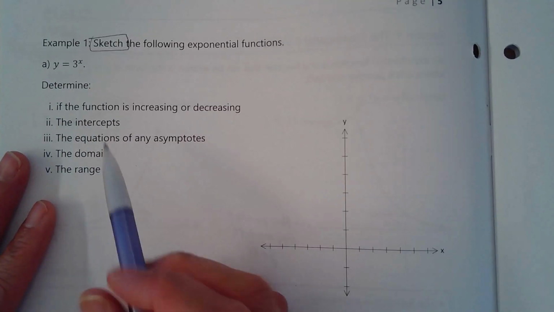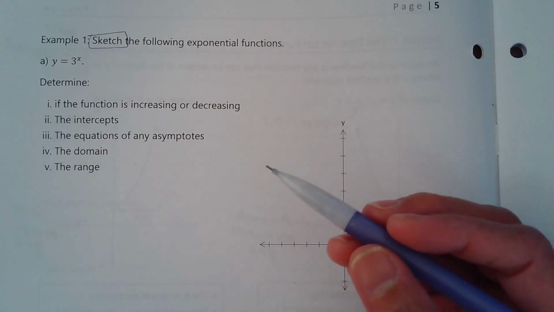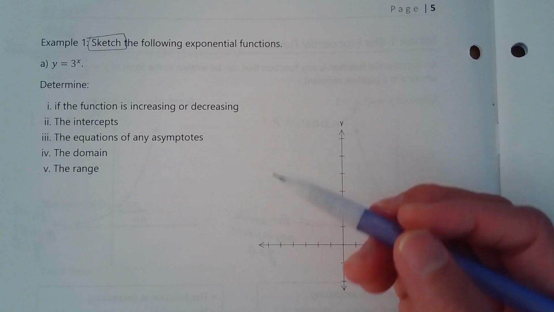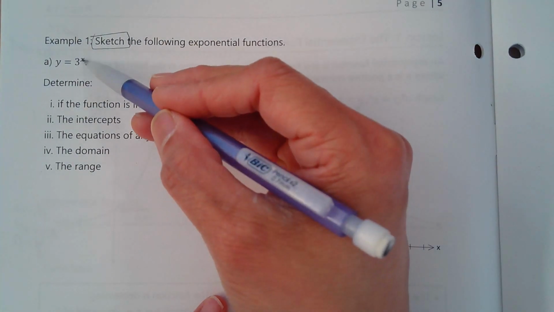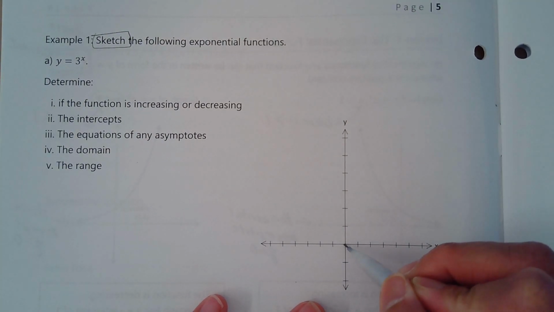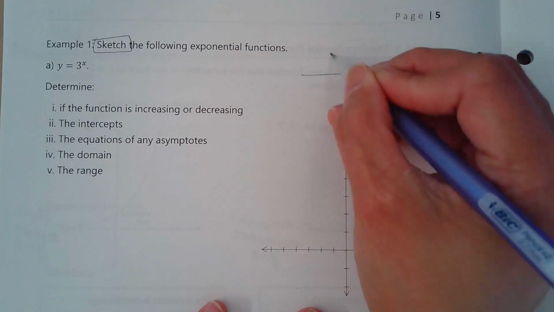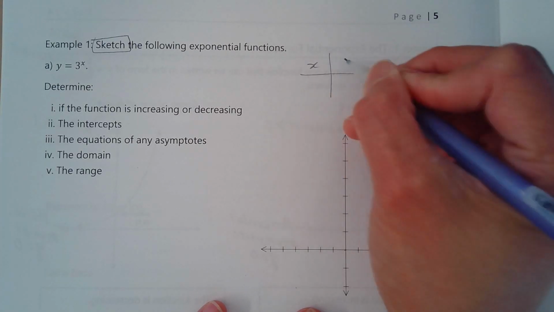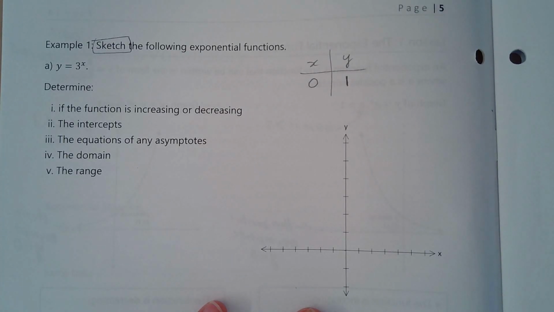So it says here y equals 3 to the x. Now, what are the key points that we can do? Well, we know if x is 0, then our y is, these are points, x and y. So if x is 0, y is 1.